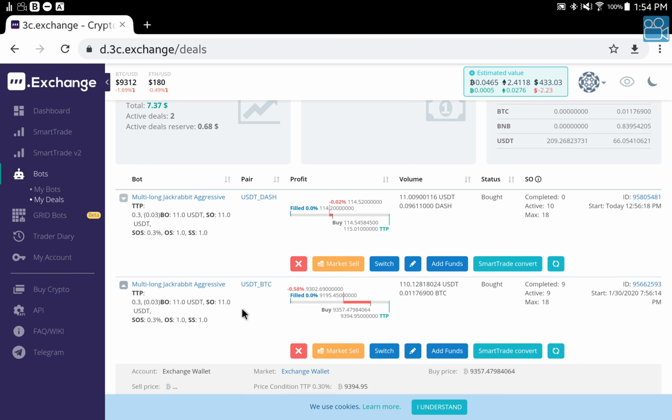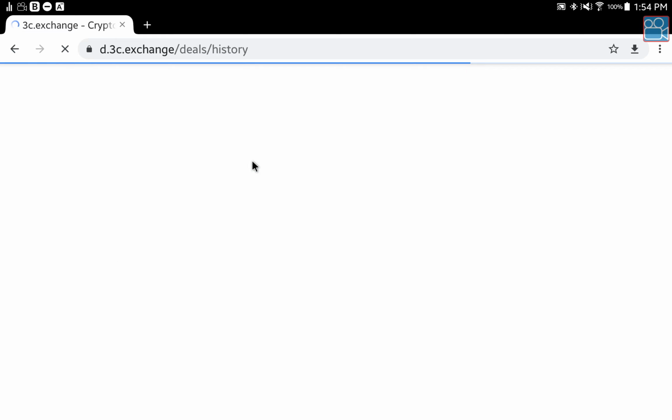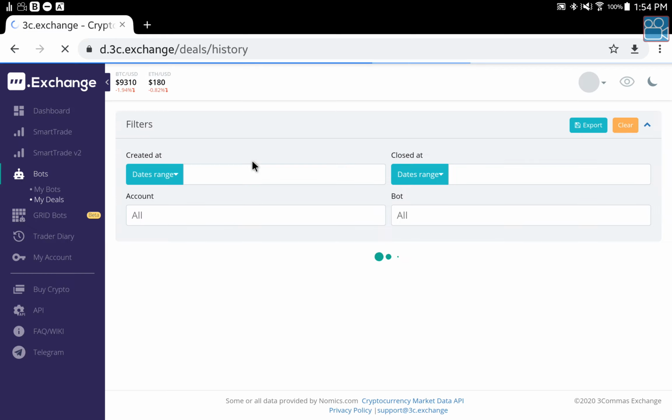When you have more than one deal, there's always the risk that you could have both positions in one coin. And that's exactly what happened to me. I had 2 positions at Bitcoin, one since 4 p.m. yesterday, and then the one that's still on the screen since 7 p.m. last night.